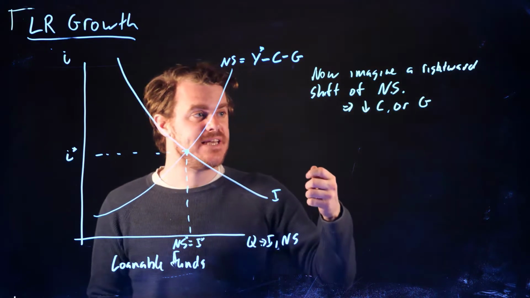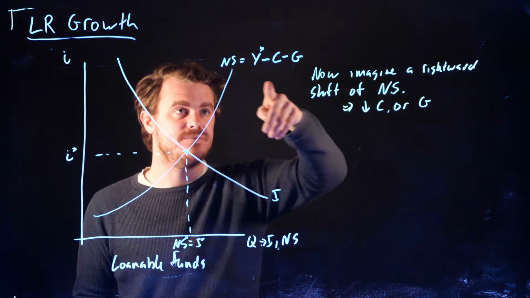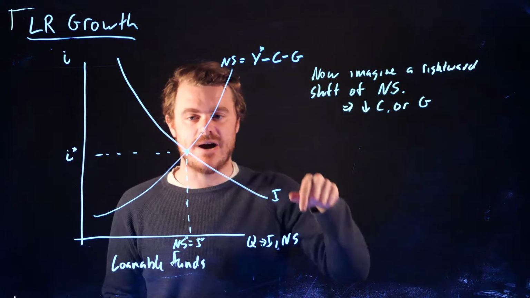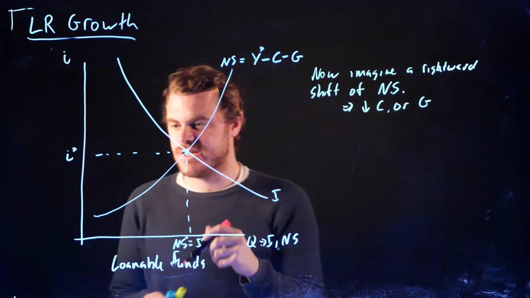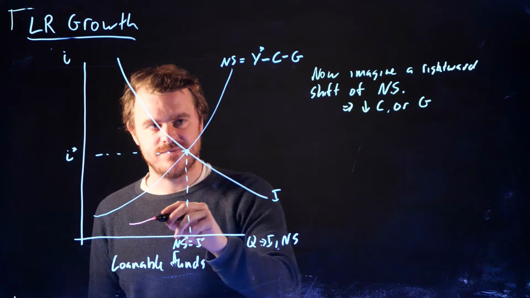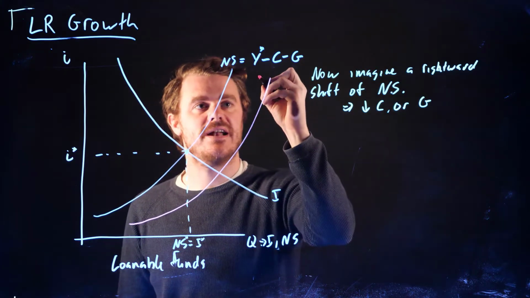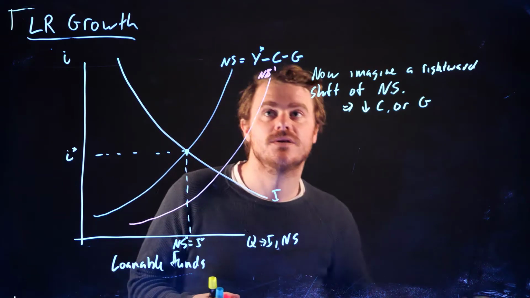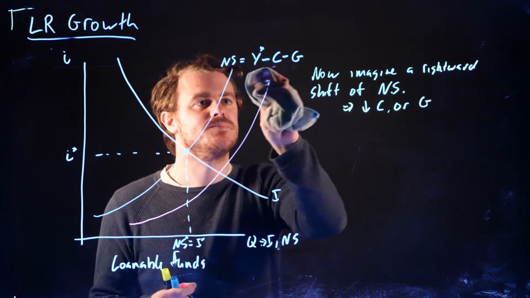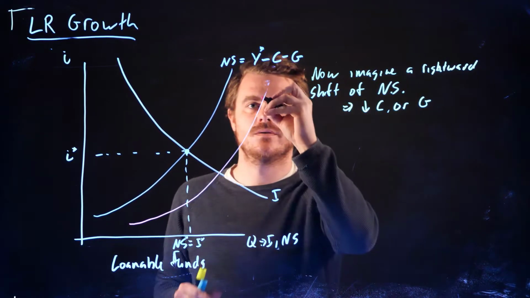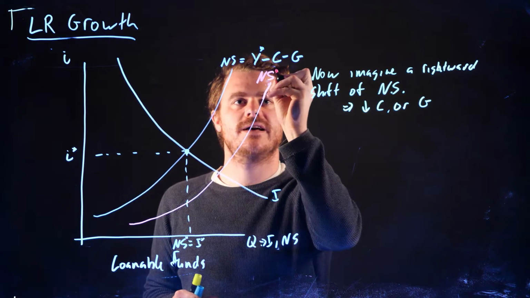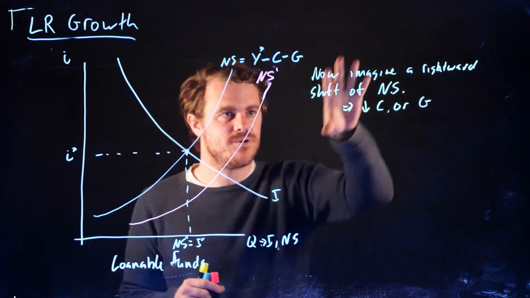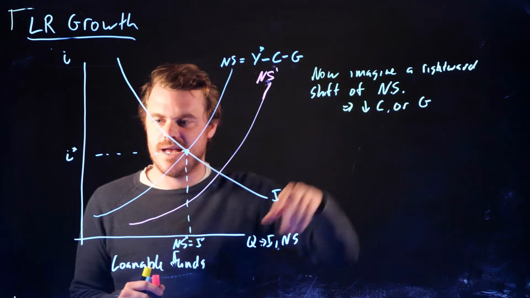National savings is going to go up if C or G go down, and that's going to cause this rightward shift of our national savings, NS prime. So for whatever reason, this NS shifts out to the right.